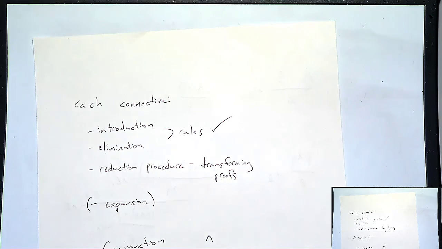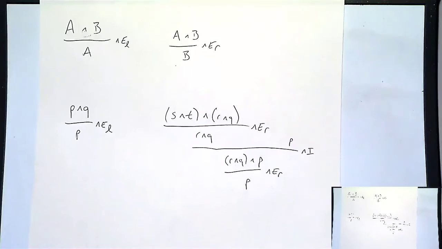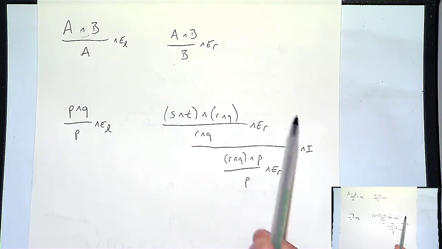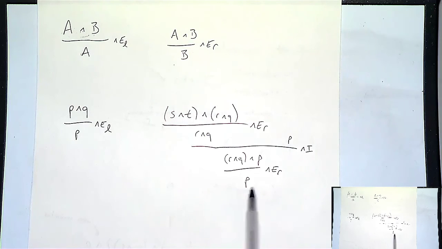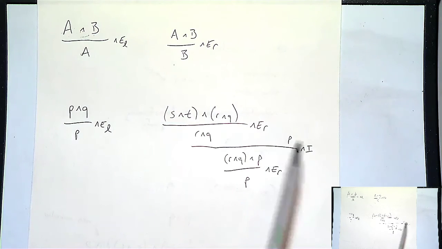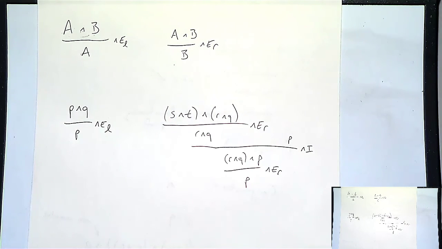So, if you think about this proof, for example, this is a proof of P, and it's got two open assumptions. One of them is SNT and RNQ, and the other one is P. And you might think, if I wanted to establish the sentence P, I was willing to take some things for granted, but I wanted to establish the sentence P. I really didn't need to go through all that rigmarole of this proof.